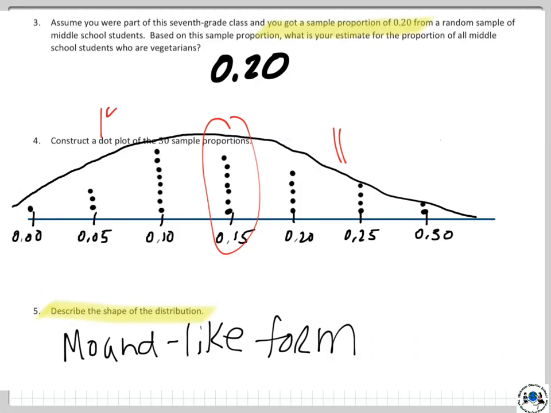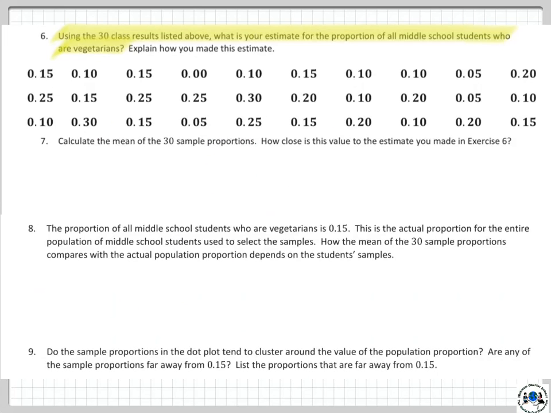I got about 14 dots there, right? That's 25, and then 26, 27, 28, 29, 30. No, it doesn't quite make sense, but close. It looks pretty symmetrical. So if I chose somewhere around this 0.15, I might be happy with that estimate.